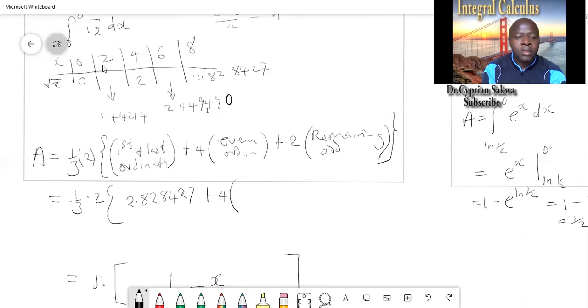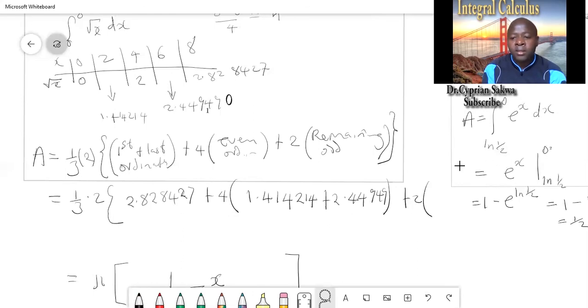This is odd, this is even, and this is the other even. 1, 2, 3, 4. So this is even. Then plus 2 into the remaining odd ones.